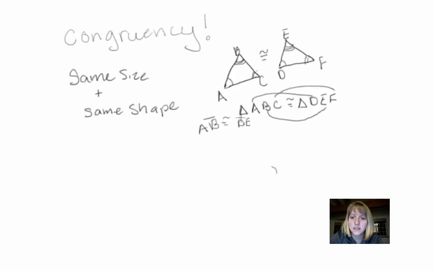But we're getting ahead of ourselves a little bit. Basically, once we prove that those two triangles are congruent, then we know that corresponding parts of those triangles are congruent. The reason is called CPCTC. Corresponding parts of congruent triangles are congruent.